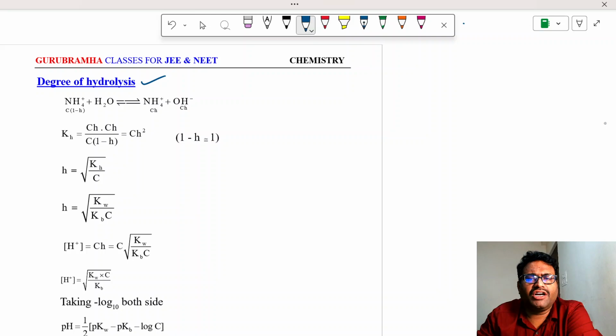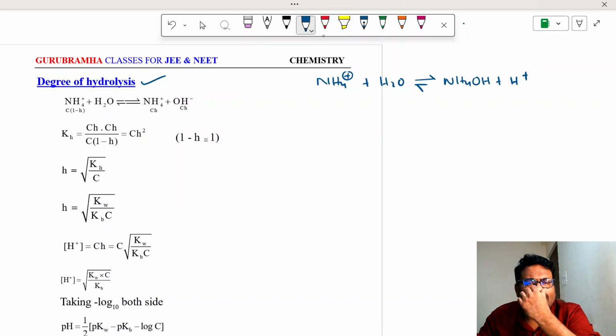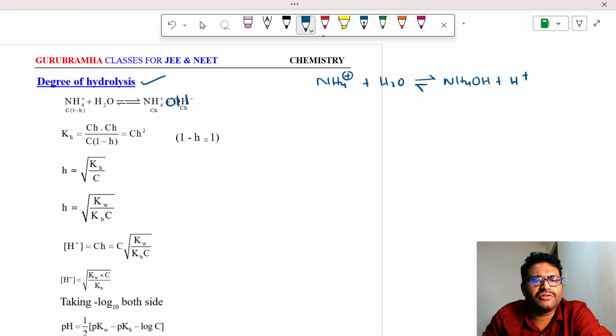We know that NH4 plus is reacting with water to give NH4OH plus H plus ion. Right?